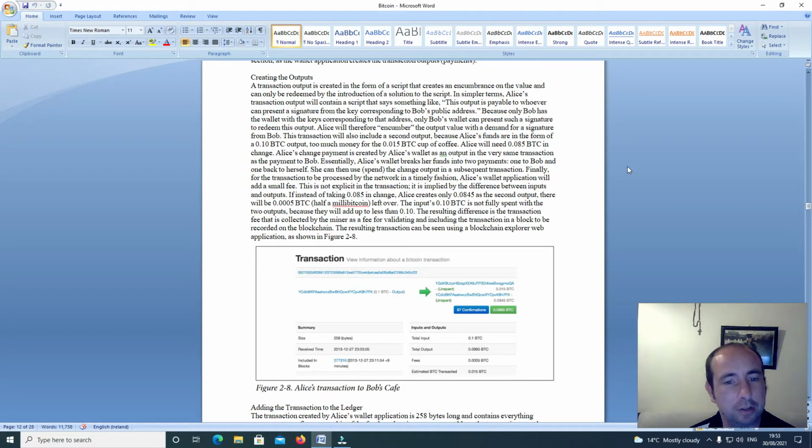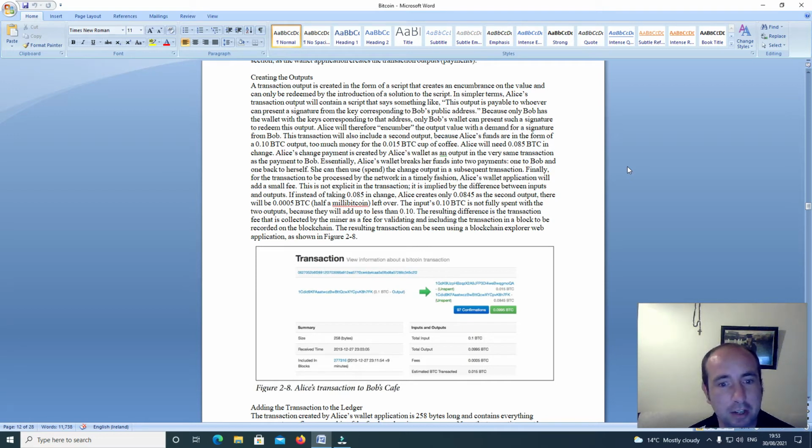Alice's change payment is created by Alice's wallet as an output in the very same transaction as the payment to Bob. Essentially, Alice's wallet breaks her funds into two payments, one to Bob and one back to herself. She can then spend the change output in a subsequent transaction.